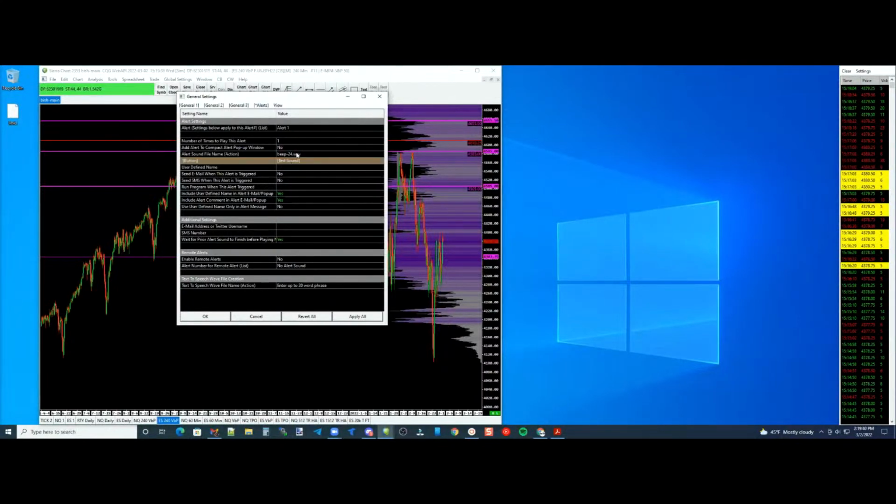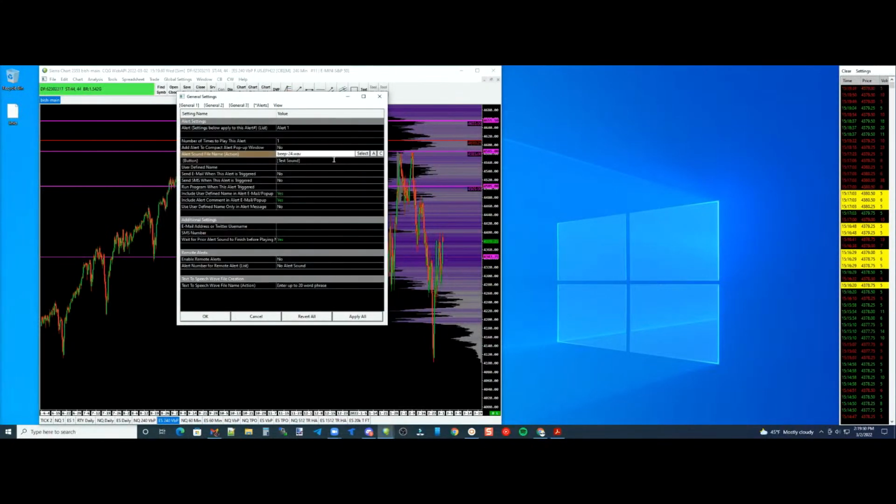All my alerts are sounding the same, I have no idea why. I actually can't stand the way they change these windows, but I'm sure there's a good reason for it. If you don't assign, you'll get the default. Anyway, I'm not going to go through all that, but that's how you do it.